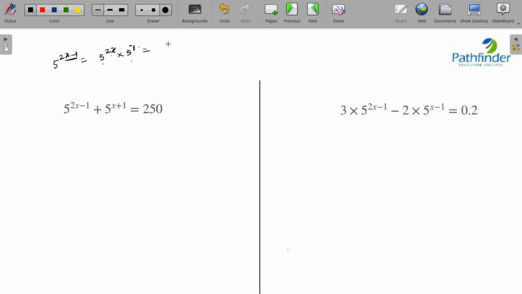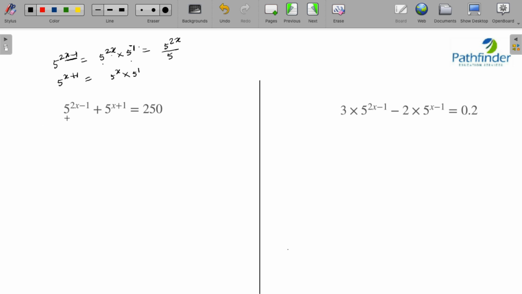Which means it becomes 5 to the power of 2x upon 5. 5 to the power minus 1 is 1 by 5. Similarly, 5 to the power x plus 1 can be written as 5 to the power x multiplied by 5. As I told you, you need to understand the basic laws of indices, and if you do not know them, my suggestion is go and have a look at our basic laws of indices videos and then come back here, or ask your tutor for help.